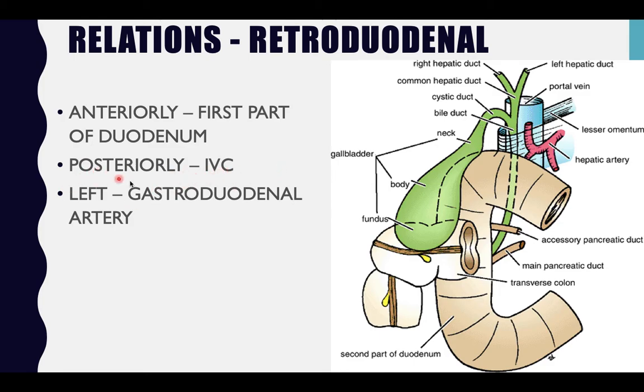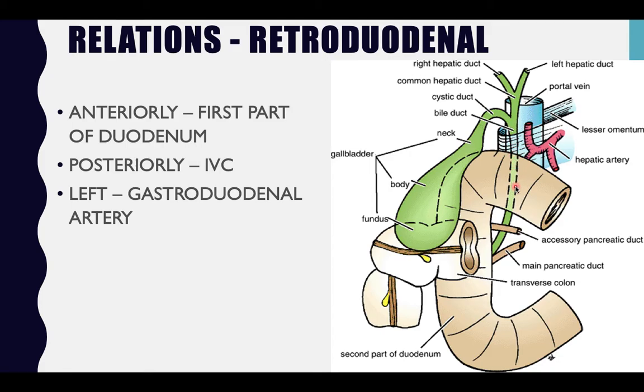Towards the left we have the gastroduodenal artery, which is a branch of the common hepatic artery. The gastroduodenal artery is present towards the left of the retroduodenal part of the bile duct.